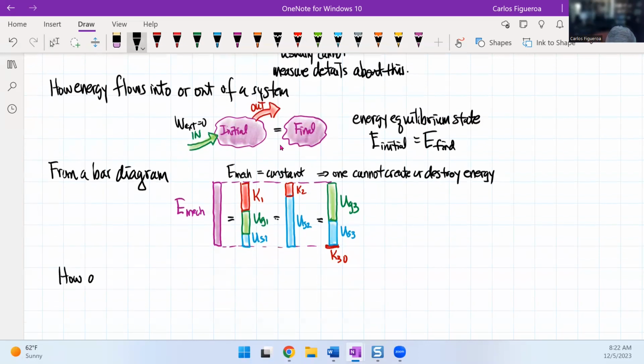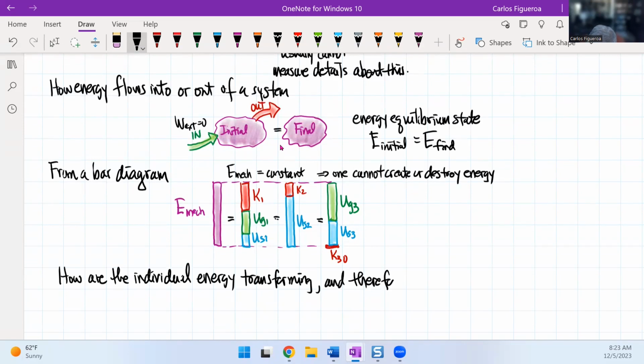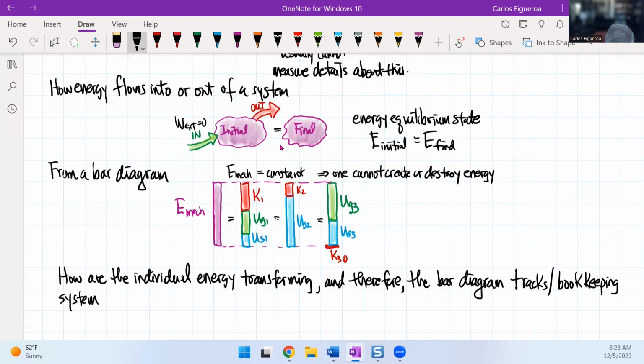How are the individual energies transforming, and therefore the bar diagram tracks, as a bookkeeping system, how energy behaves.